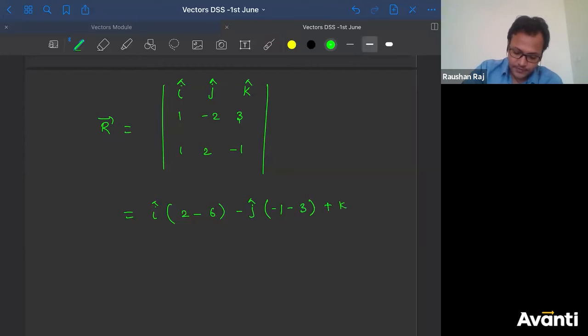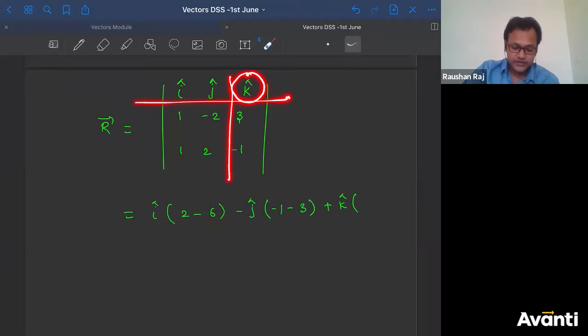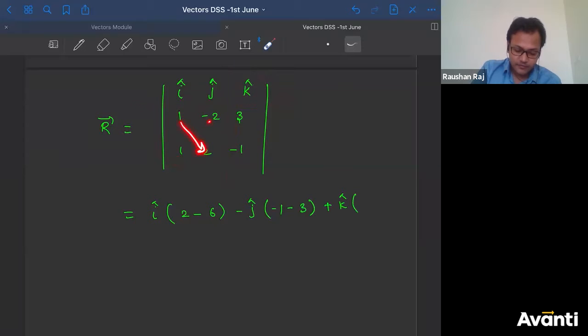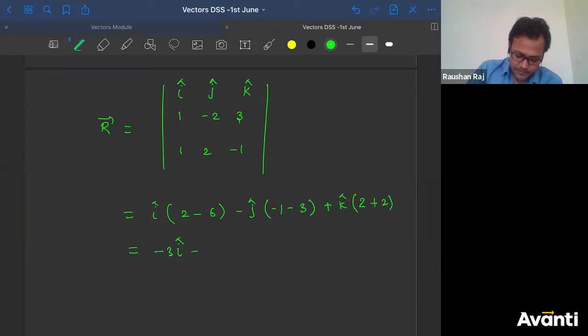Then plus k cap: again, for this element this column and row will be hidden, so we are left with these four elements. 1 into 2 minus of minus 2 into 1, that is 2 plus 2. So I got this as minus 4i cap plus 4j cap plus 4k cap.